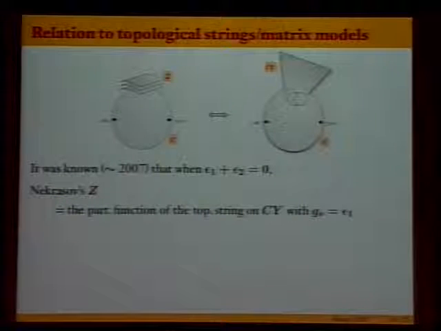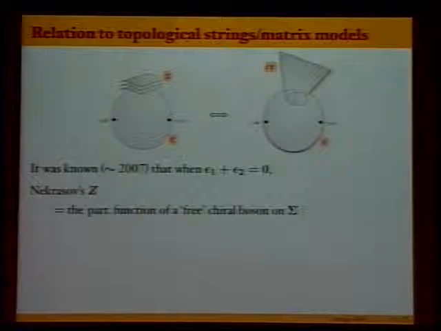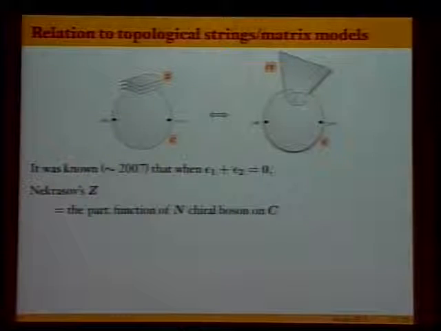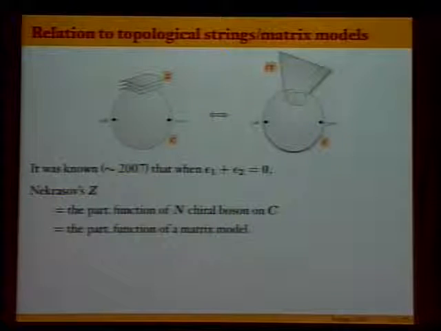But you can use, for example, mirror symmetry to relate this to the type IIA and type IIB sides. And the string coupling is epsilon1. And you can relate that to the theory of an almost free chiral boson on the Riemann surface sigma, which is an N-sheeted cover. So you can relate that to N bosons on the base. And it's also known that it's related to a matrix model.